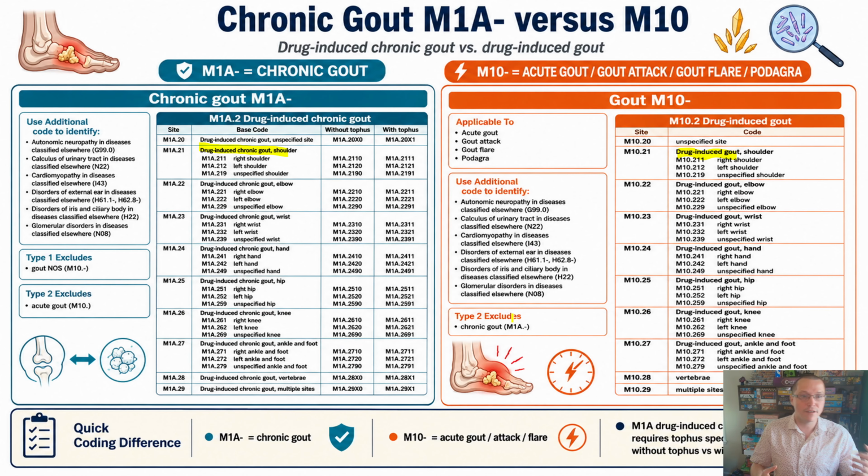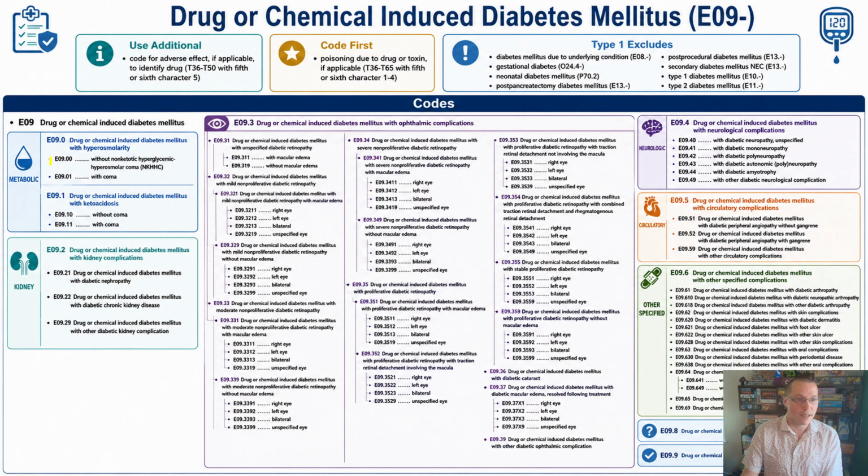So if you don't tell us what caused the gout and also the location of the gout, it is going to cause a denial, more than likely. Just because then you end up with more or less a double unspecified code, where the site is unspecified and the cause is unspecified. So just remember whenever you're using drug-induced gout that you always report it.